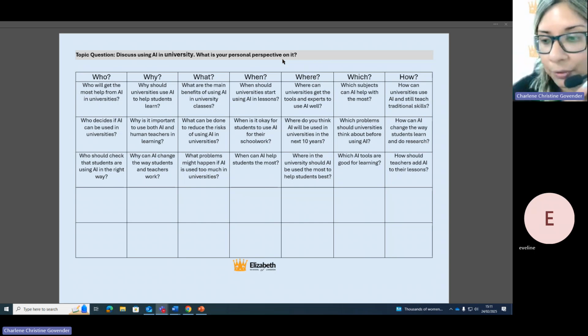So it's a two-part question. The first part is discussing an overall usage of AI in the university. And then the second bit is what's your personal understanding of it? What's your personal view of it? That's where you'll get to add in what you think about the topic.